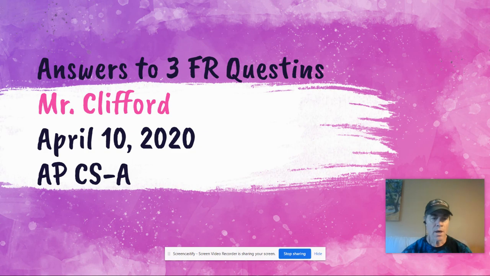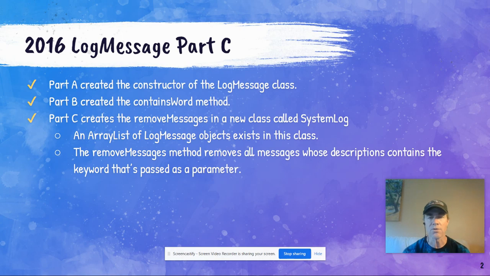So yeah, here's what we got. The third part that I forgot to give you was on this thing called the log message. The first two parts were in the log message class. You had to write the constructor for that, and then the other part, you're testing to see whether or not it contained a given word, and that part B was very similar to the Magpie lab that we did earlier in the year.